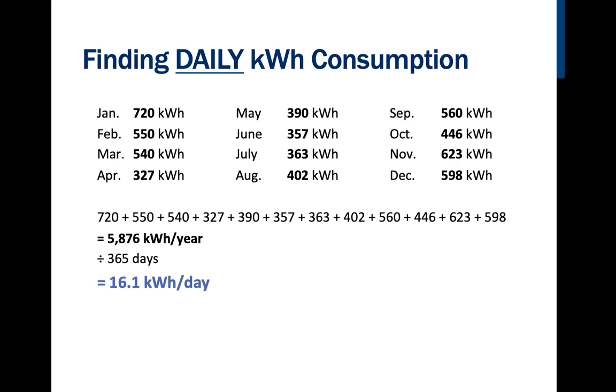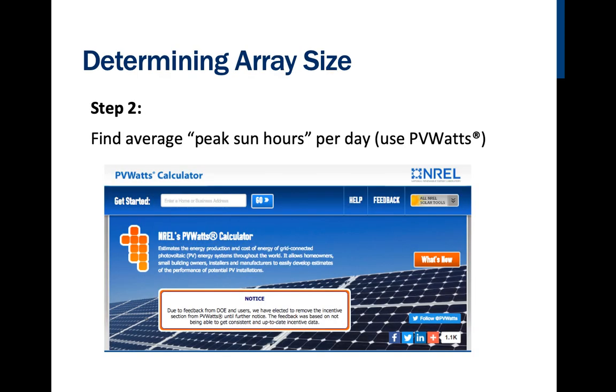And if you remember, we said that the average American home consumes around 10 or 11 or 12,000 kilowatt hours per year, and this is half of that. So we take that grand total for 1 year, divide by 365, and it gives us 16.1 kilowatt hours per day consumption.